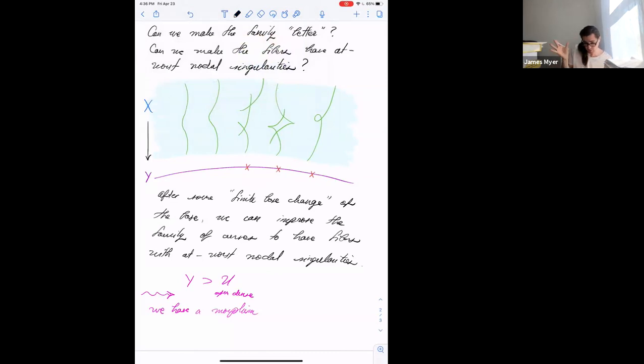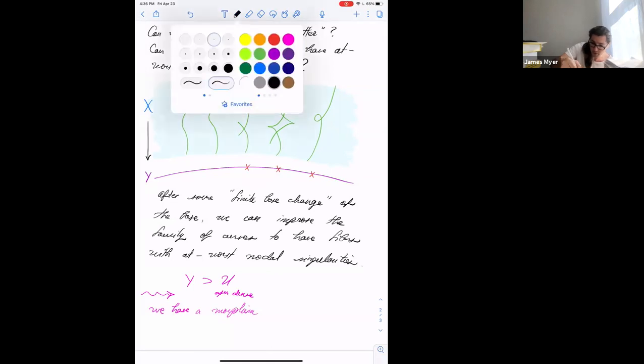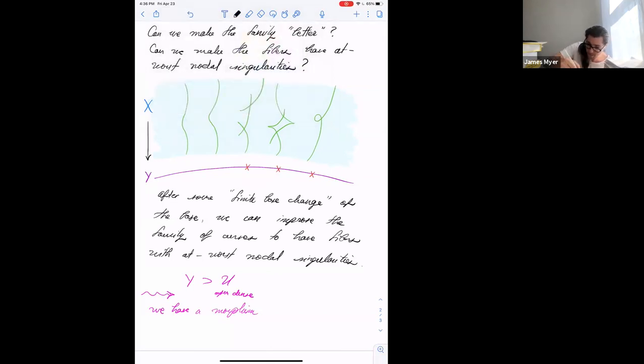So let's just call it abstractly Y. So some open dense locus, and that has a morphism into a moduli stack, which parametrizes the objects that we have in the family. And the reason why I'm not being terribly specific about what that moduli stack is, is because depending on how we make the family, we can change that stack. It depends on what type of objects we end up with.